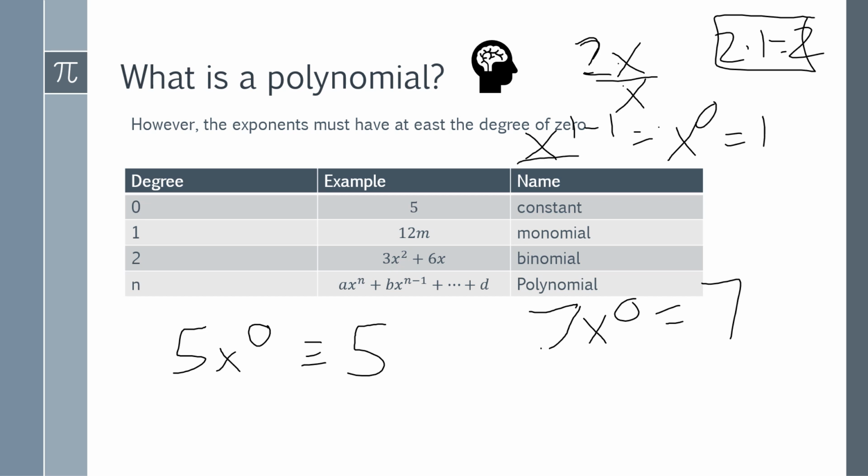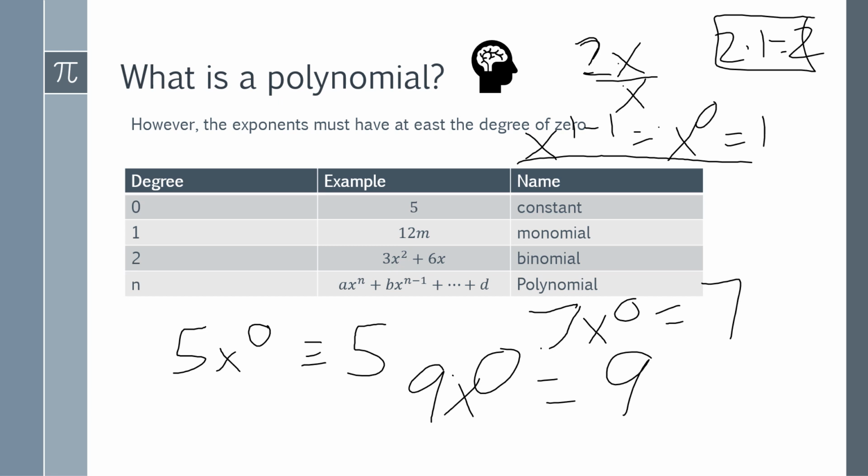Again, I did this so you guys can know anything to the power of 0 equals 1. Anything to the power of 0 equals 1. 9x to the power of 0 is understood to be 9. 10x to the power of 0 equals 10. 1000x to the power of 0 is just 1000. So you guys get the picture. And that is called a constant.